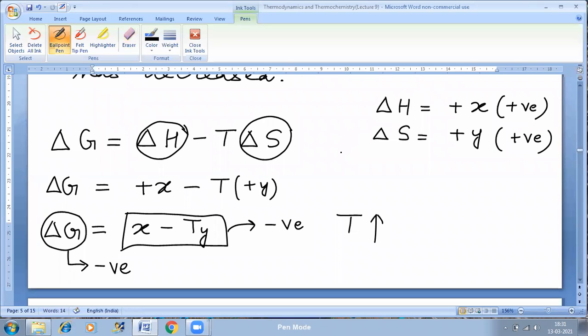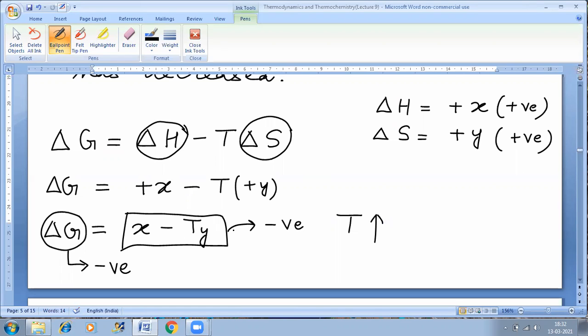So if both delta H and delta S are positive, then the reaction will be spontaneous at high temperatures. Why high temperature? Because if temperature is high, then this Ty term will be high.